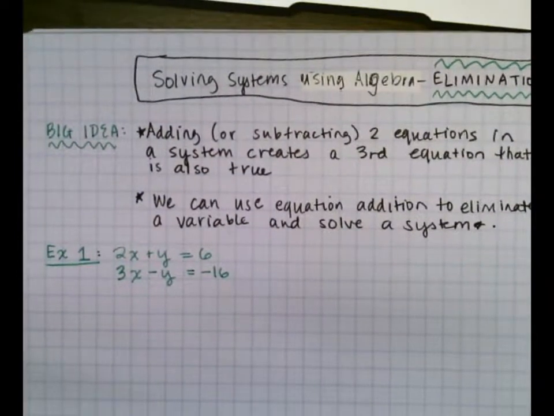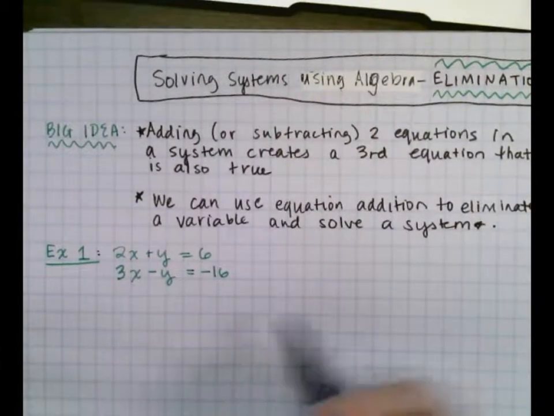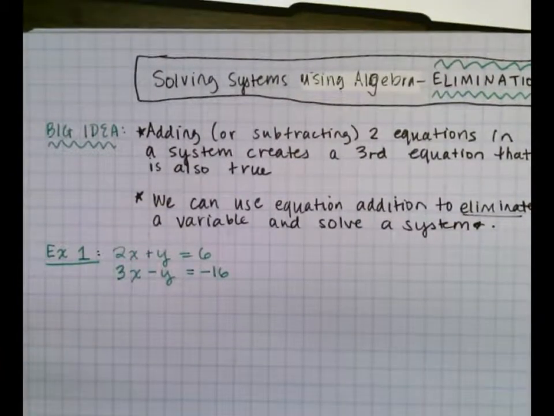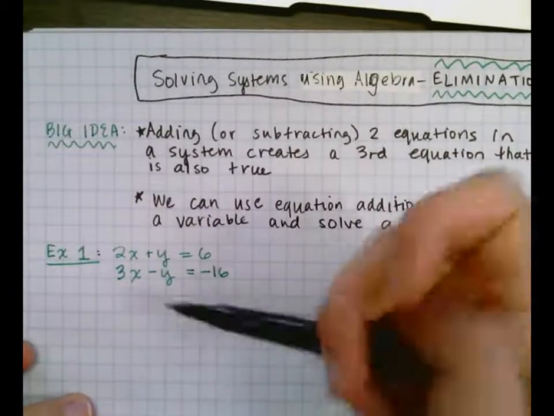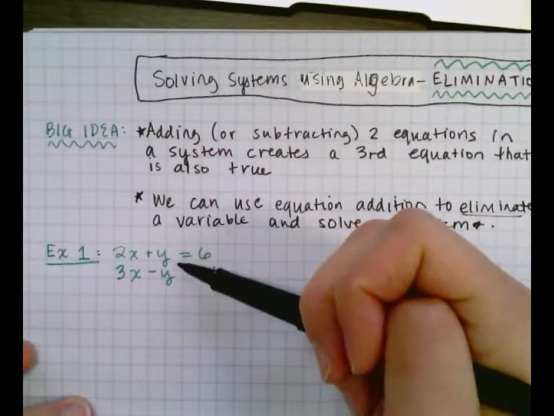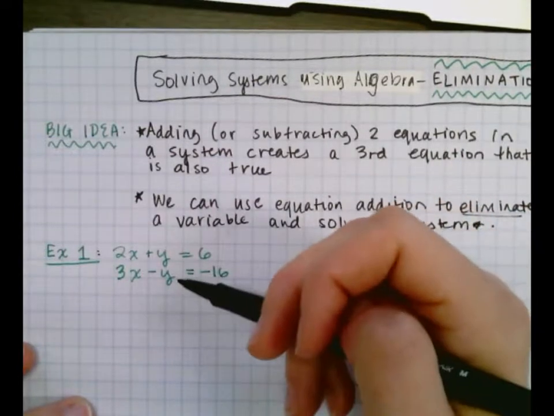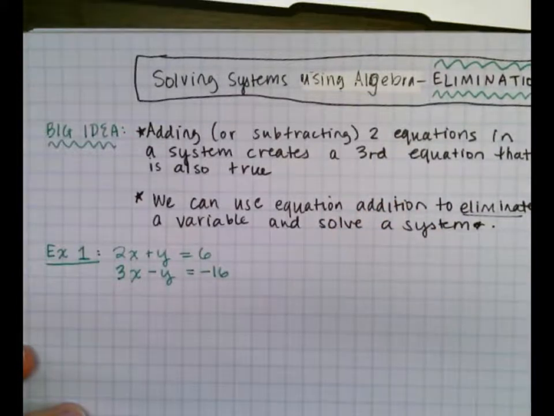Well, so again, we're thinking about adding or subtracting in order to eliminate a variable. So what I notice here right away is that I have a positive y in the first equation and a negative y in the second, which means that if I add, those will automatically cancel out because positive y minus y is going to be 0y.